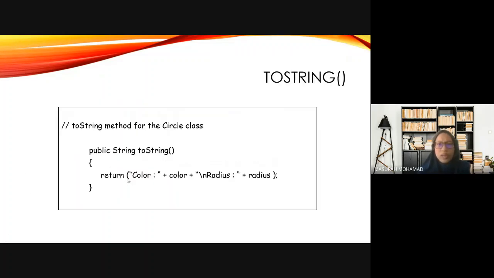But here you can set the text. What kind of text you want to display to the user, you can set it. So this is the special thing about toString. Sometimes people don't like using toString, they write their own print or display method. That one we call a processor.